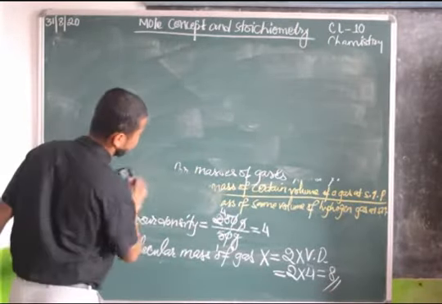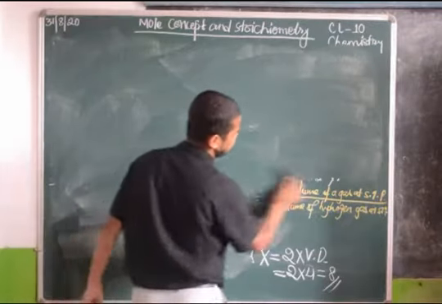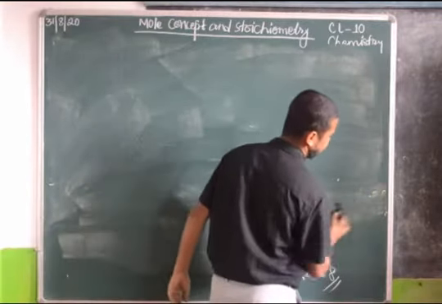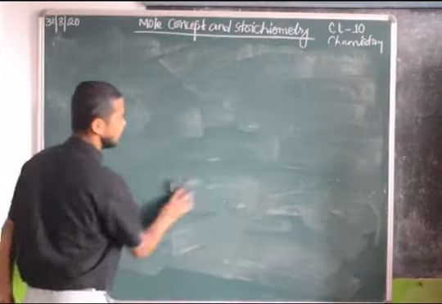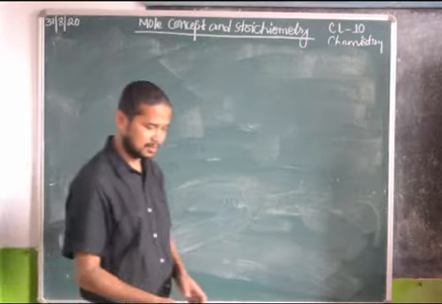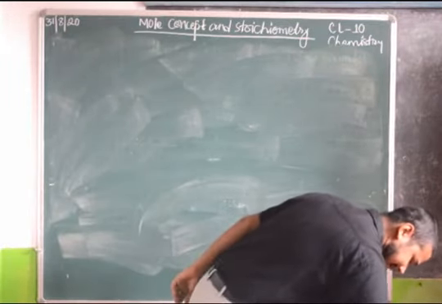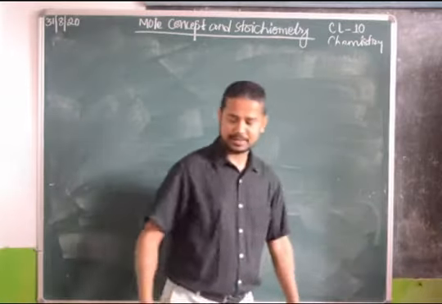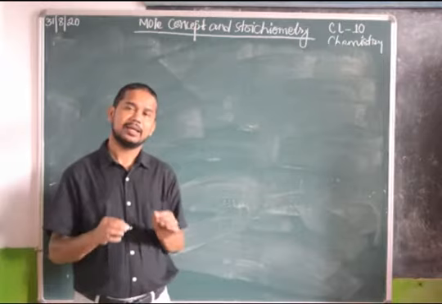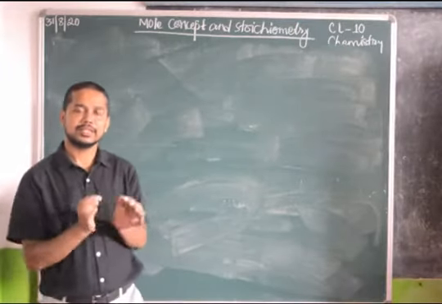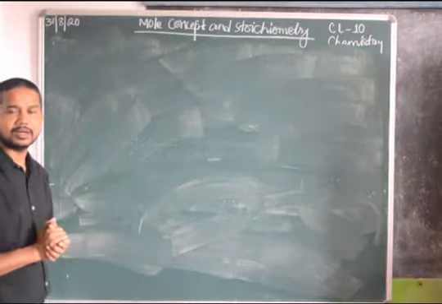So what is the formula for vapor density? Vapor density, or you can write relative vapor density or simply vapor density, is equal to the mass of a certain volume of a gas under similar conditions divided by the mass of the same volume of hydrogen gas under similar conditions.